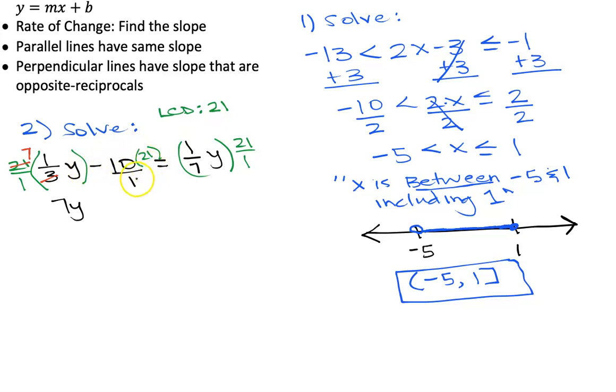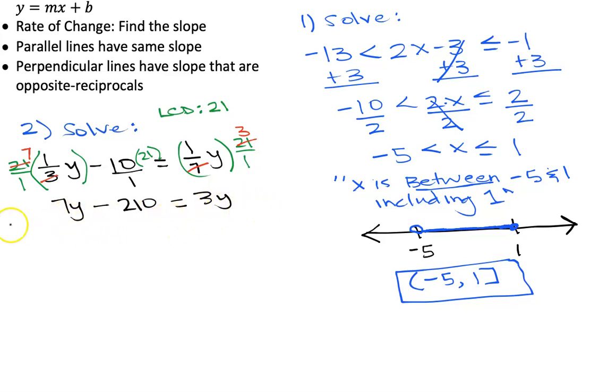All right, on this next one, there's only a 1 in the denominator, so there's nothing I need to kill off there, so I'll just multiply those together. Negative 10 times 21 is negative 210. And then on this one, 7 divides into 21 3 times. 1 times y times 3 is 3y. And now from here, that's not so bad, right? It looks pretty easy to solve from here.